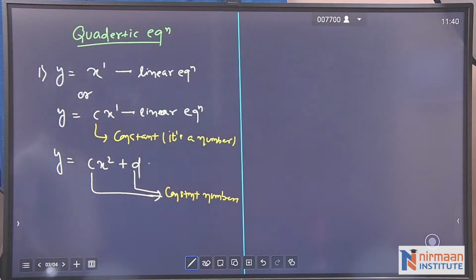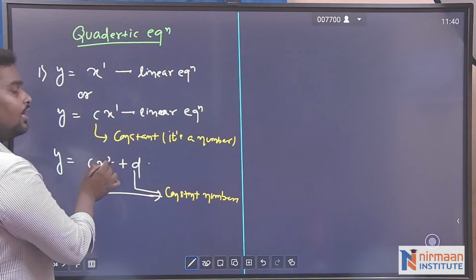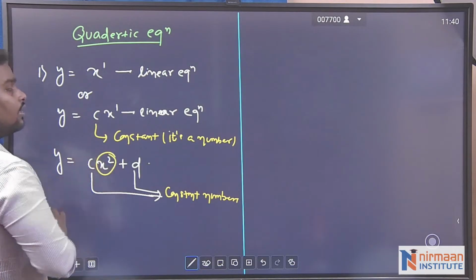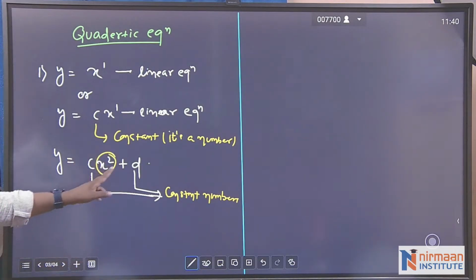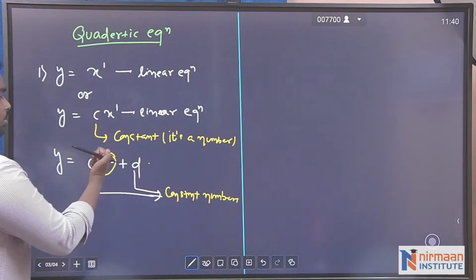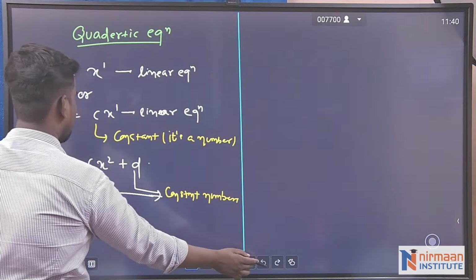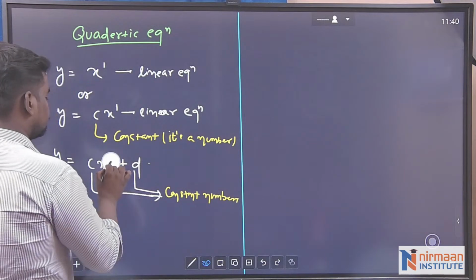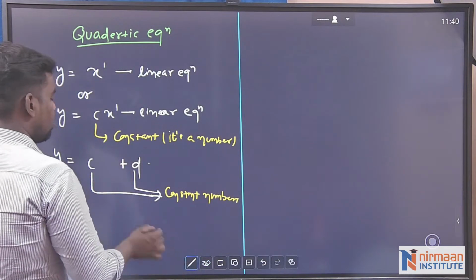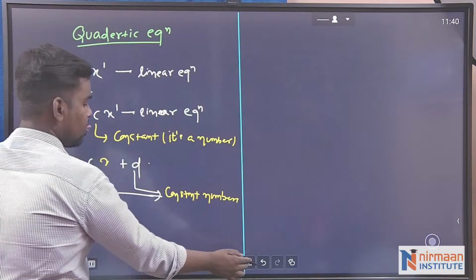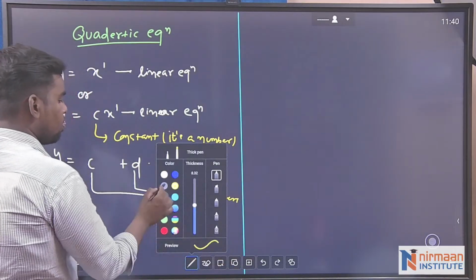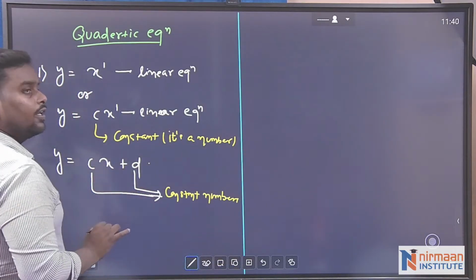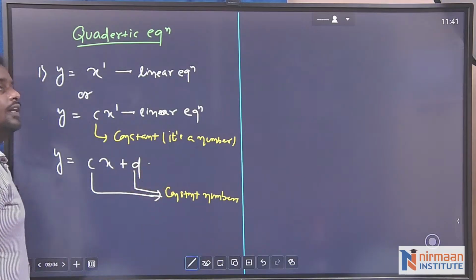So who is changing? Only x is the variable. Here x is power 1, cx plus d. It is also a linear equation.